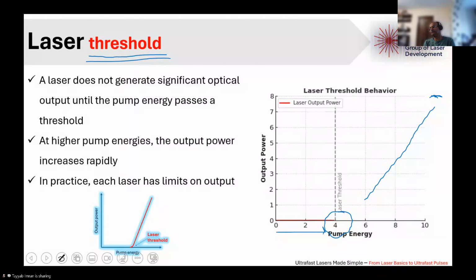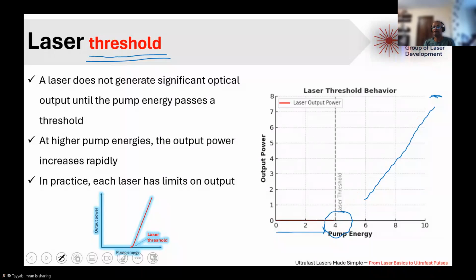Can we get double output, or no output? First thing is that your cavity length has to be according to the wavelength that you want to get. If you double it, then there is a problem that you will not get the output which you are supposed to get. The cavity length is calculated according to the wavelength. Okay, sir. Thank you.